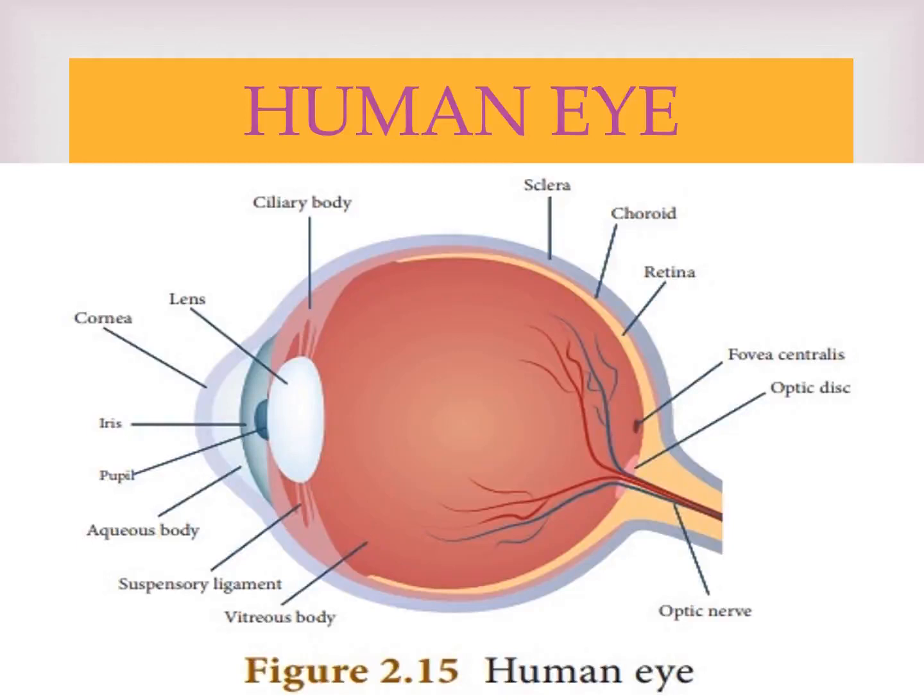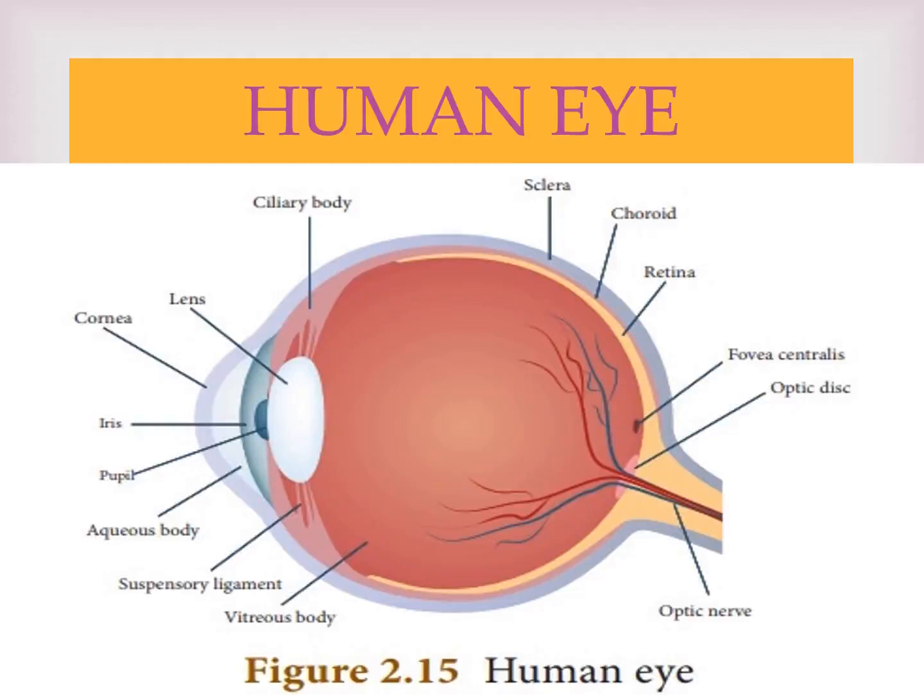It is the most sensitive part of the human eye. If anyone asks which is the sensitive part, you have to tell retina is the sensitive part in the human eye, in which a real and inverted image is formed.